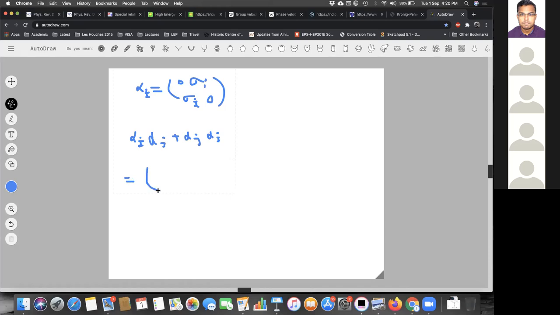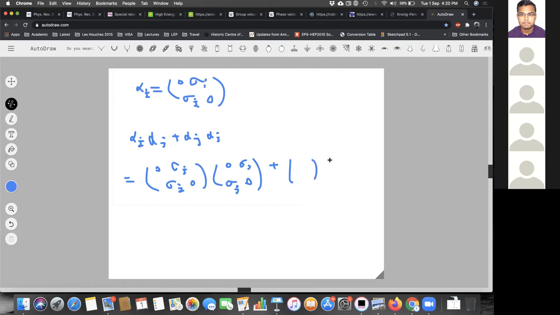This means I have a 0, a sigma i, sigma i here, and the 0, times 0 sigma j, plus similar stuff, alpha j and alpha i.